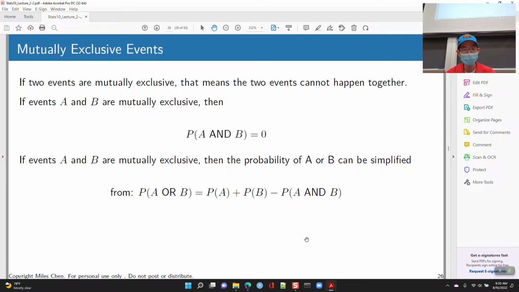If two events are mutually exclusive, so this is another topic here. If two events are mutually exclusive, this means that these two events cannot happen together.